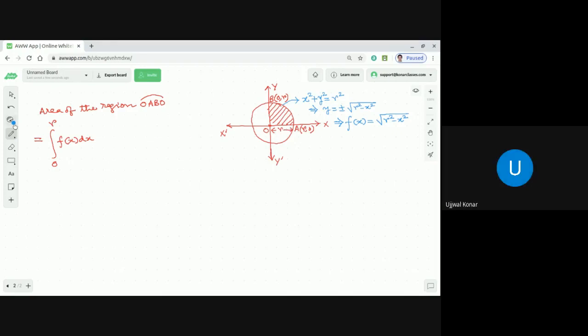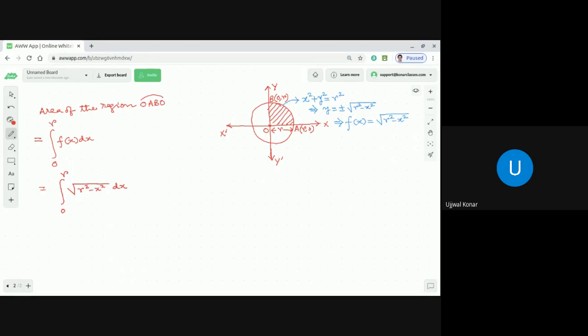So finally, the integral becomes 0 to r of square root of r square minus x square dx, and I want you to solve this integration, dear students. Did you get my point?